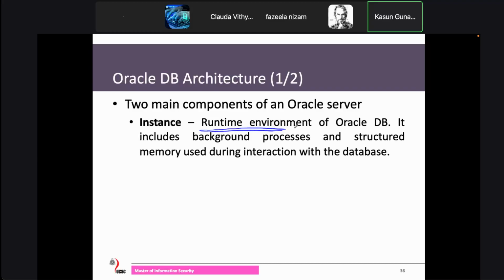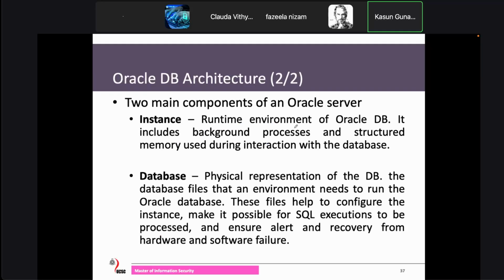So here it's about the processes and memory structures that operate on the database. The second component of the Oracle server is the database. So don't mix these two concepts up. Because you might be wondering, we call it Oracle database, then what are database and instance?